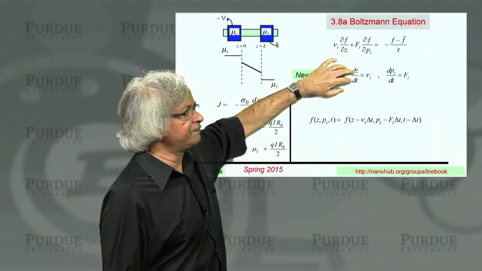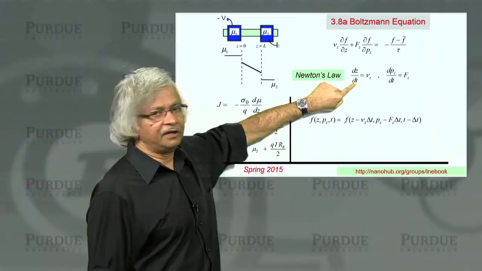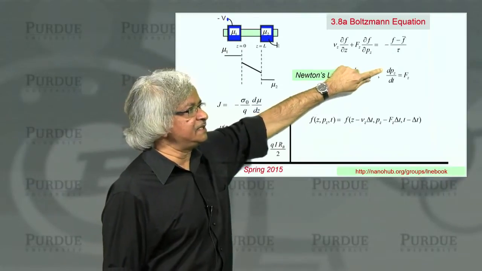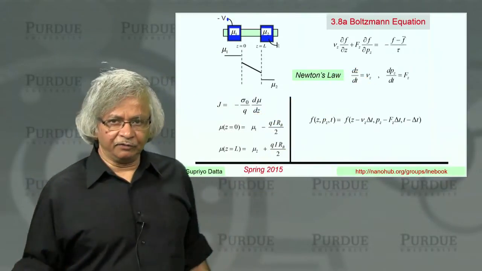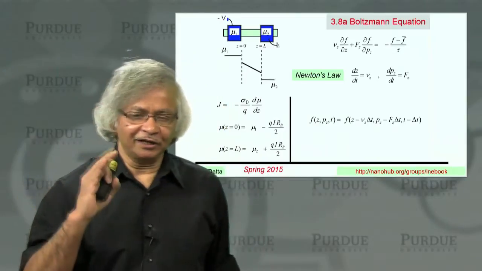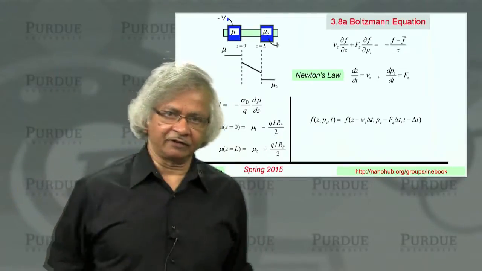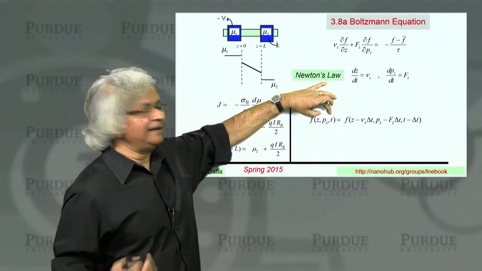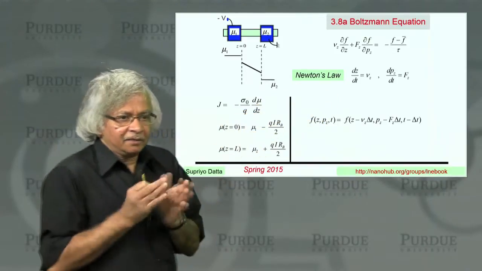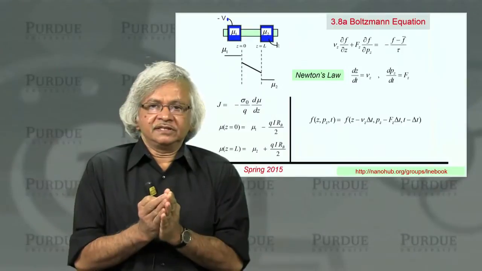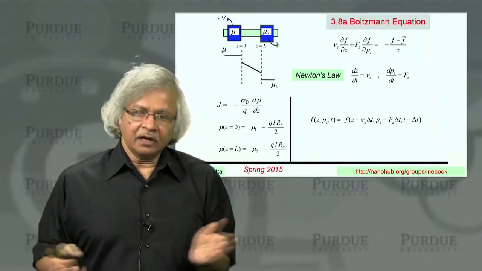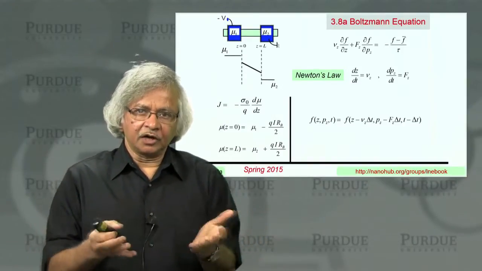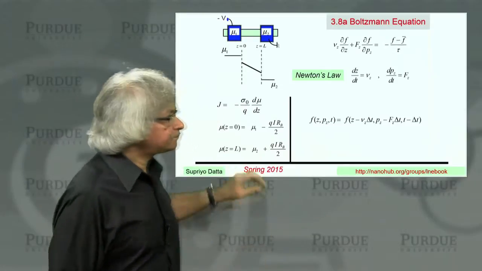In Newton's laws, the only independent variable is t; z and pz are dependent variables, the location and momentum of a particular electron. Here, z, pz, and t are all independent variables. We stand at a particular z, at a particular pz, and ask, how many electrons are there? Or what is the occupation of states around there?